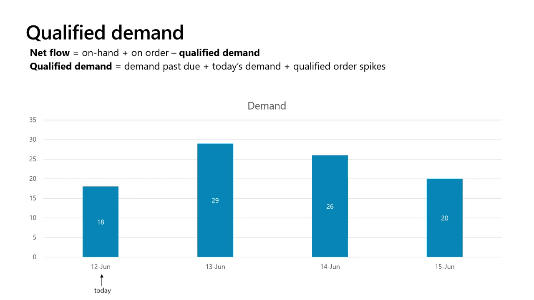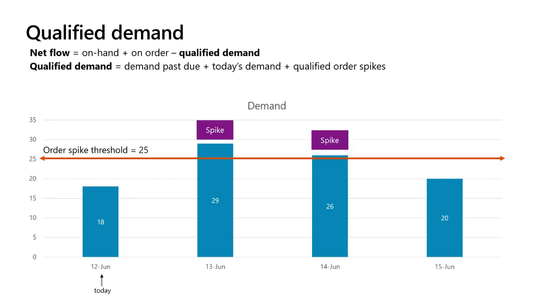If we look at the chart on the bottom left, in this example, we'll just assume today is June 12th, and we can see our demand for today and the next 3 days. With DDMRP, we can set an order spike threshold to identify what a demand level would be that exceeds our normal expectations for a given day. So our order spike threshold looks at the total demand for all orders on a single day, and if it's above the threshold, then we mark that day as a spike in demand.